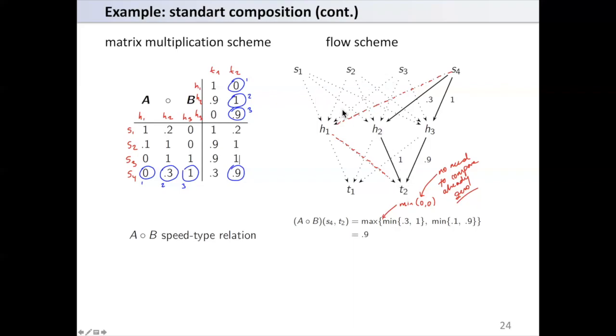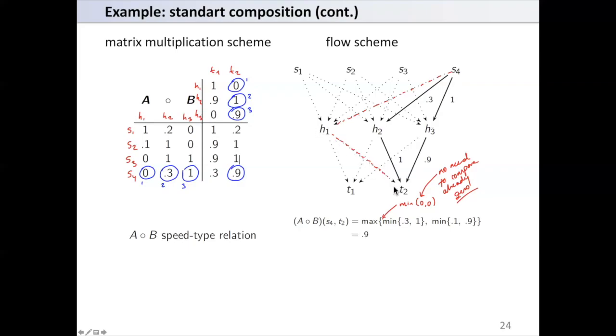And the values here are used from the relation. We have 0 for this connection, 0.3 for this one, and 1 for this pair.